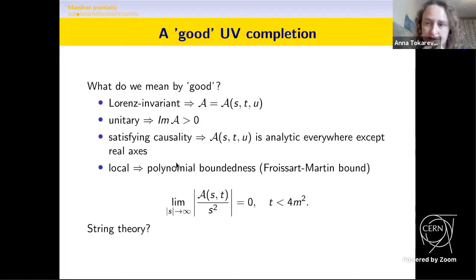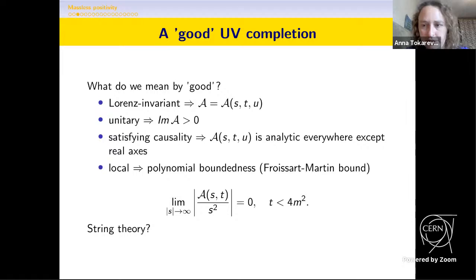Besides that, we assume that the UV completion satisfies causality, which means that from this condition, it follows that the amplitude has to be an analytic function everywhere except the real axis. And on the real axis, it might have singularities like poles and branch cuts, which have clear physical meaning, like exchange by massive particles and decays.